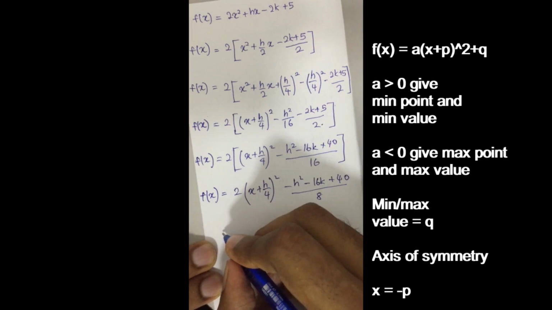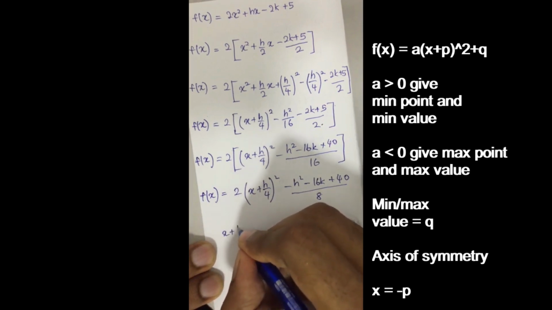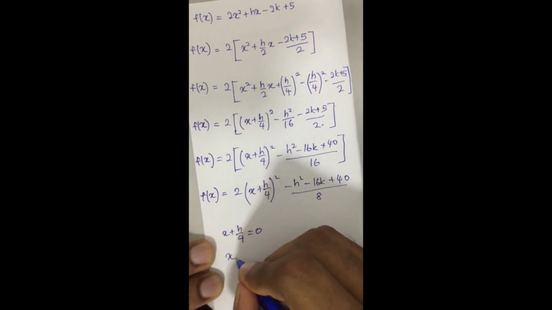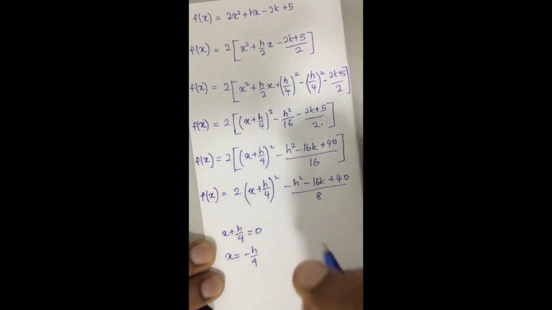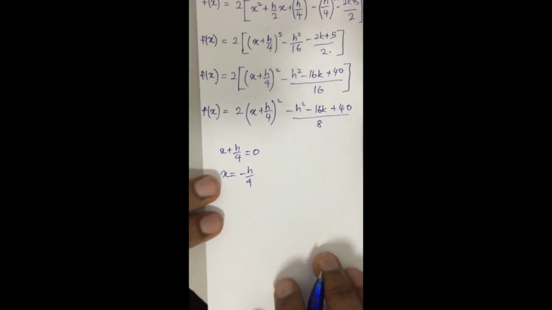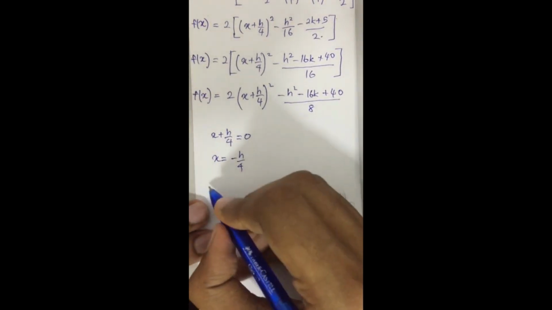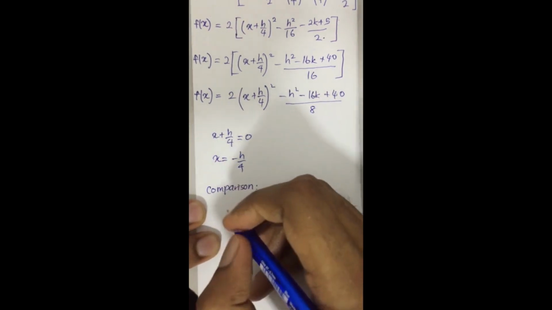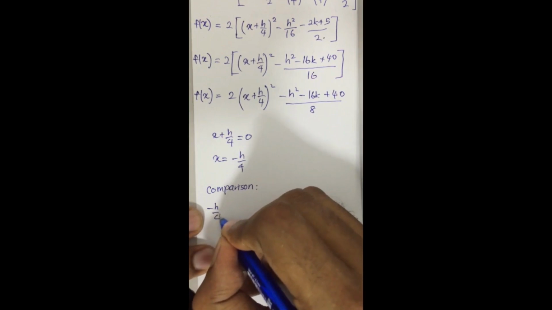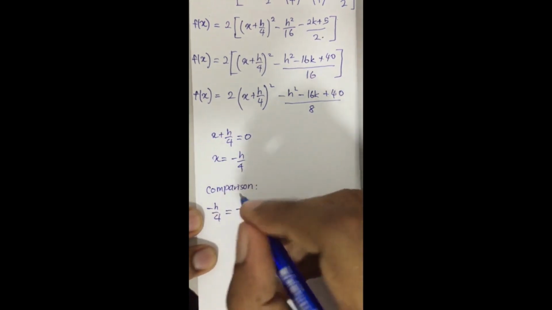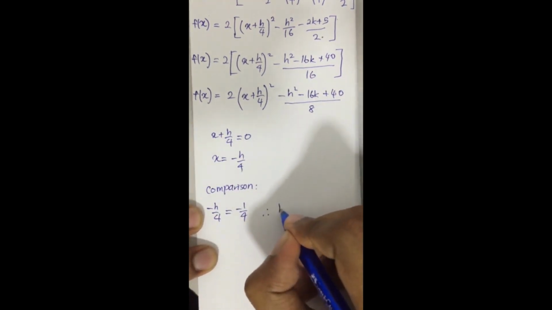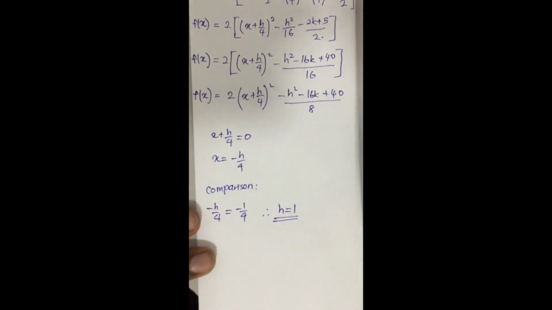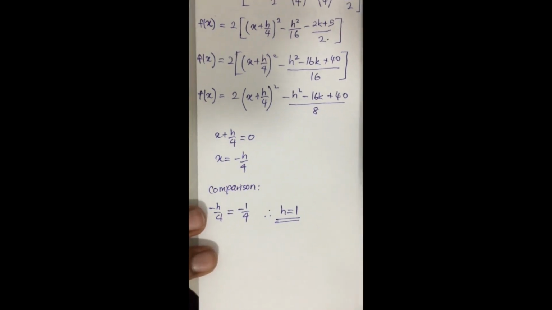Set x plus h over 4 equals 0, so you get x equals negative h over 4. From here, comparison: negative h over 4 equals negative 1 over 4. Therefore you get h equals 1. Okay, so far so good.